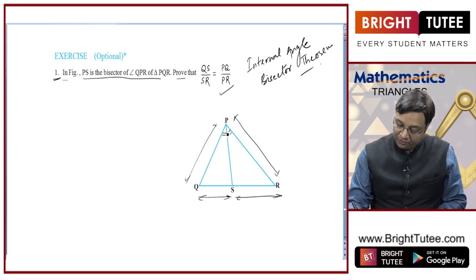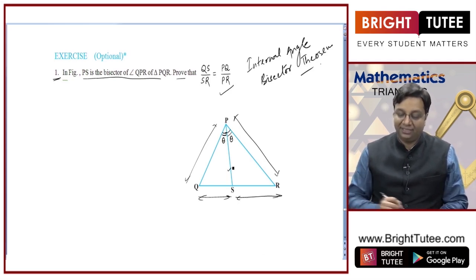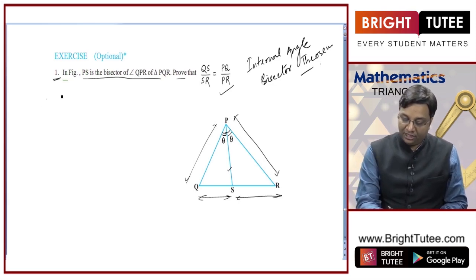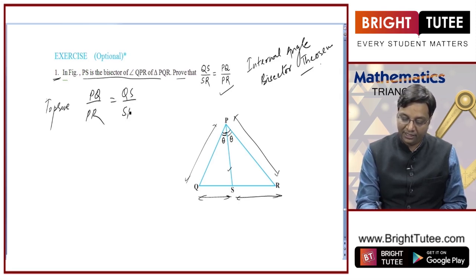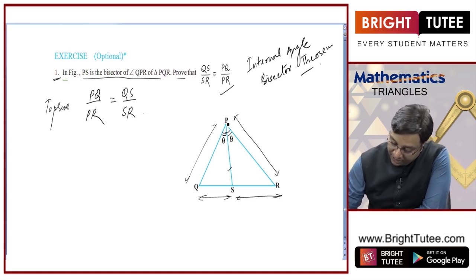Okay, so the first thing that I am going to start with is, let us assume this angle as theta. So this angle will also be theta because it is given in the question that PS is the angular bisector of angle P. Now to prove PQ by PR equals QS by SR, I'll extend this line QP, and I'll draw a line from this point R parallel to SP.